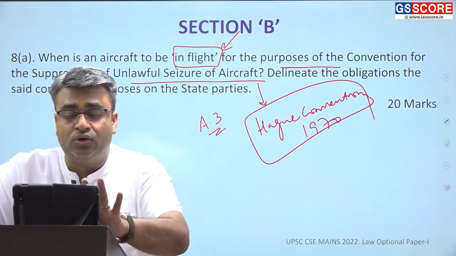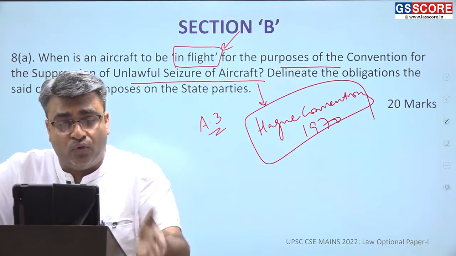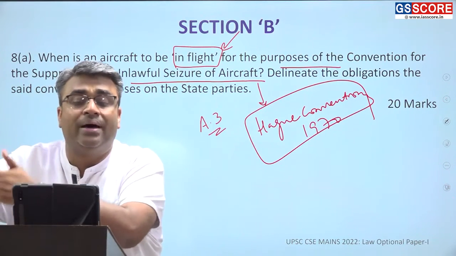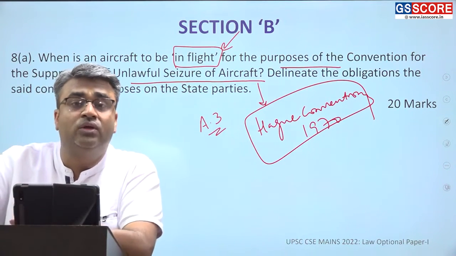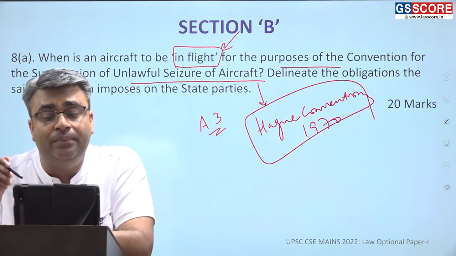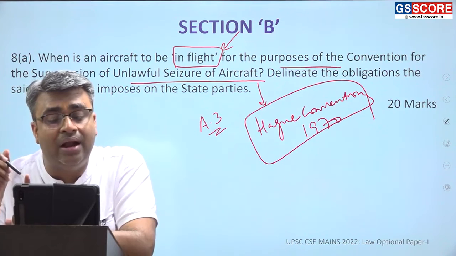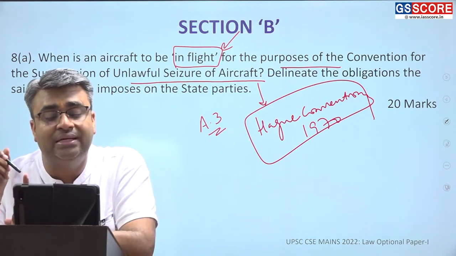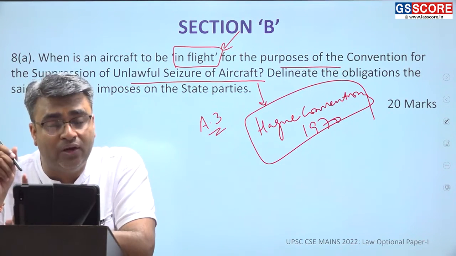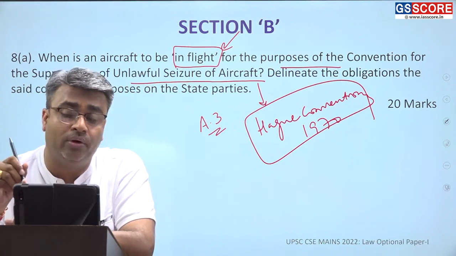So from when the doors are closed for embarkation until they are opened for disembarkation. In case of a forced landing, the flight shall be deemed to continue until the competent authorities take over the responsibility for the aircraft and for persons and property on board.